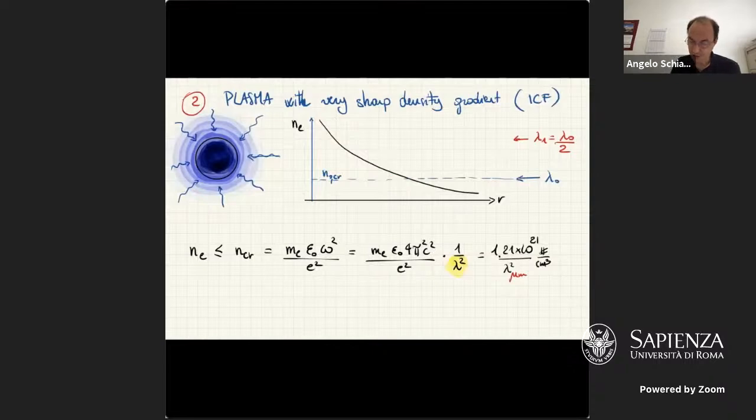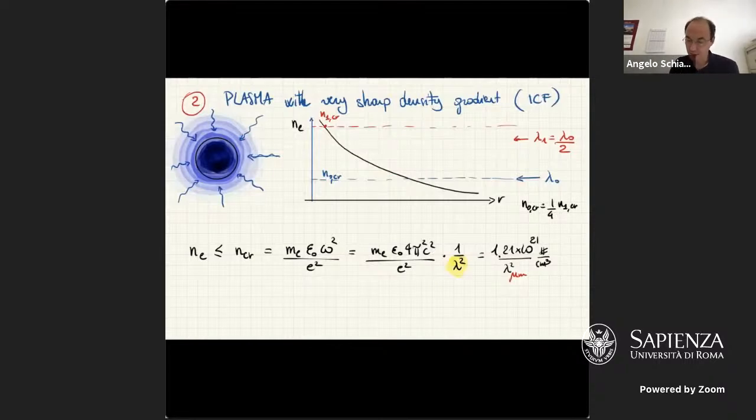So actually it would be 1, 2, 3, 4, okay. So more or less it is up here. And this is the critical density N1 for wavelength lambda 1. So we can write here that the critical density N0 critical is 1 over 4 N1 critical.